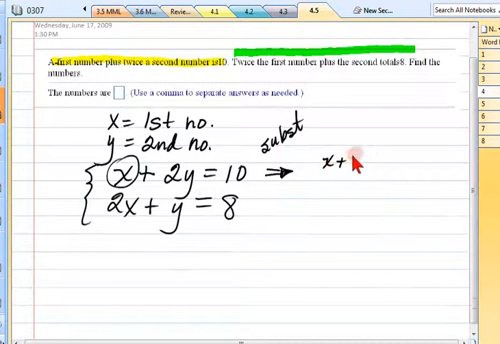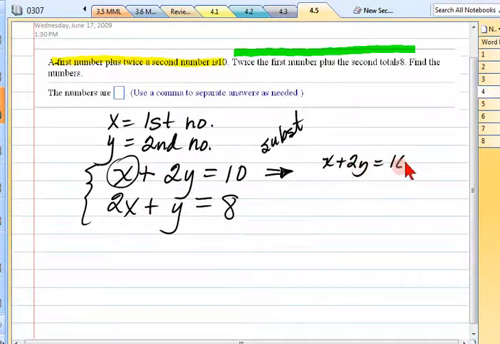If I have x plus 2y is 10, and I want to isolate x, what am I going to have to do? Subtract 2y. X is equal to negative 2y plus 10.